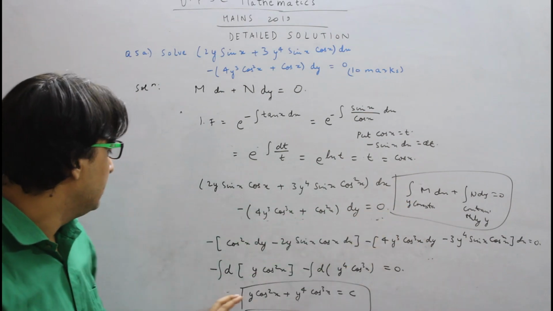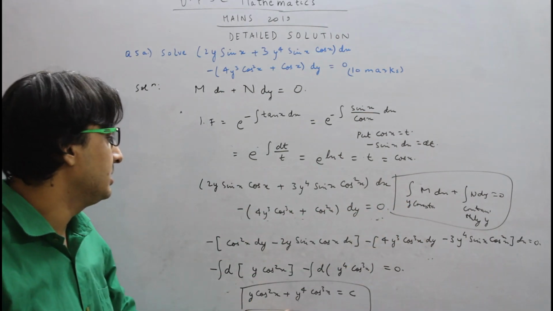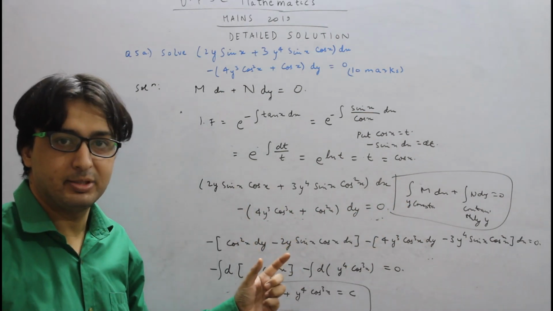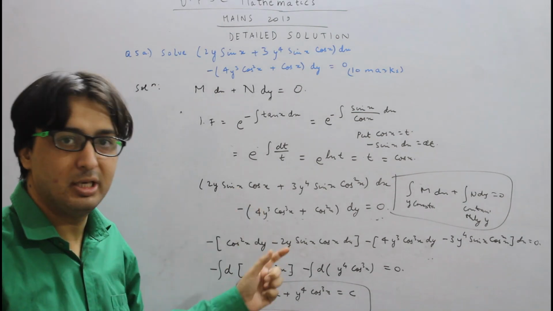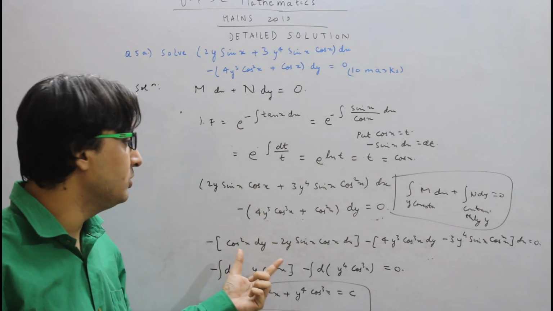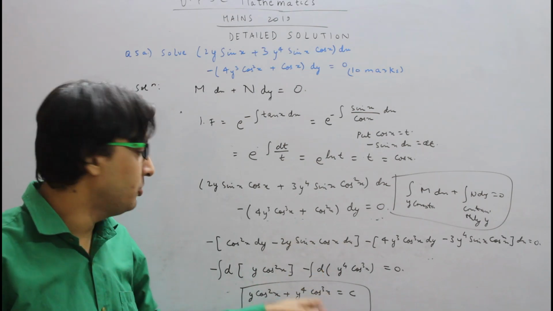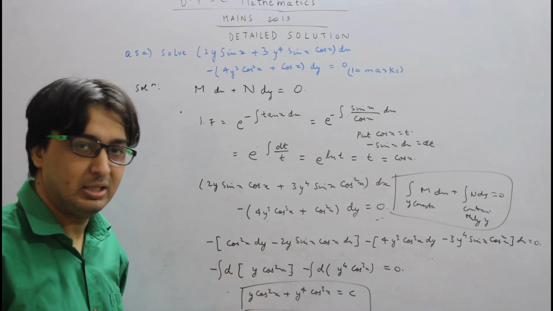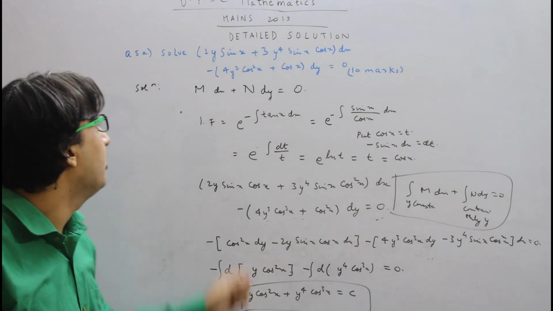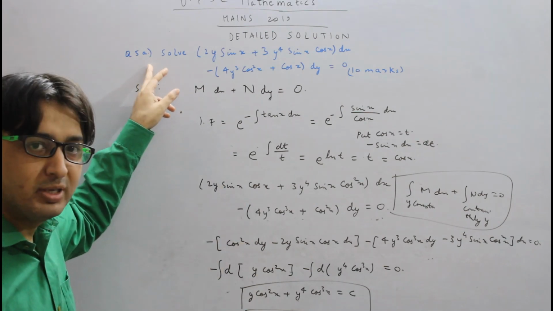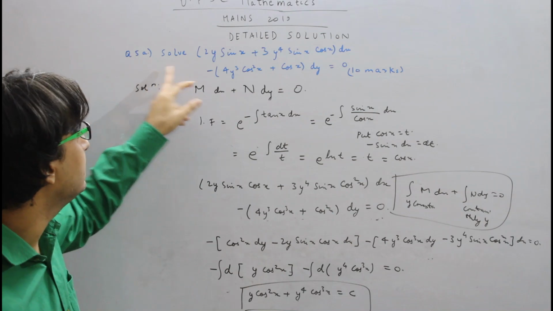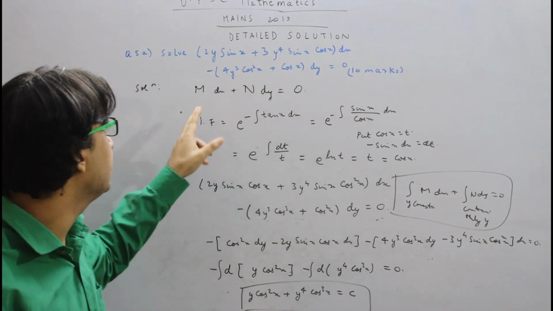Normally this is an elegant way of writing it, because the whole purpose of integrating factor is to make the equation exact, and once we know that the equation is exact, there will be a rearrangement that will give us exact form, and then we can take the derivative and integral. So this is our answer for question number 5a. This was asked as a compulsory question for 10 marks in 2019.